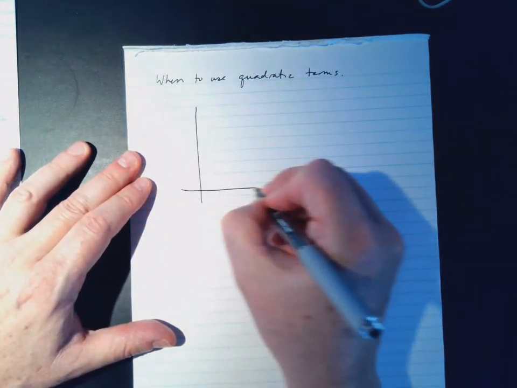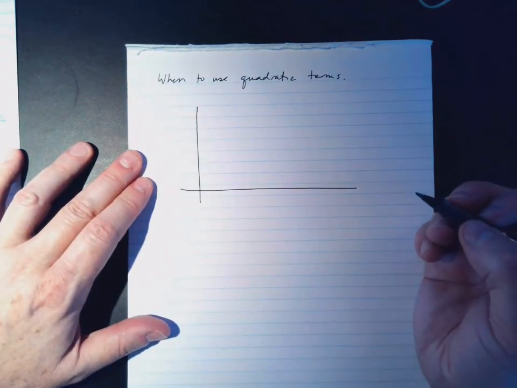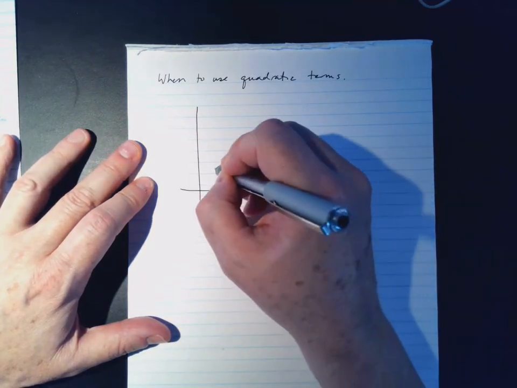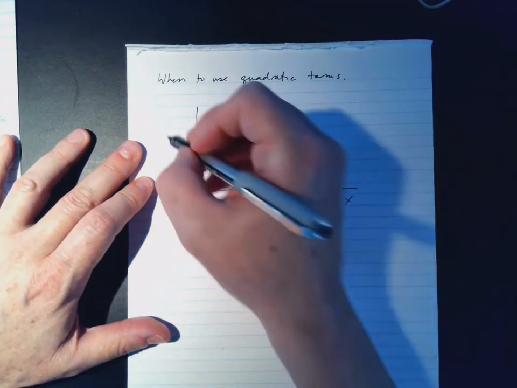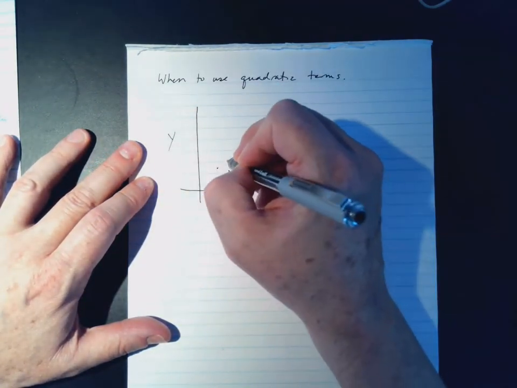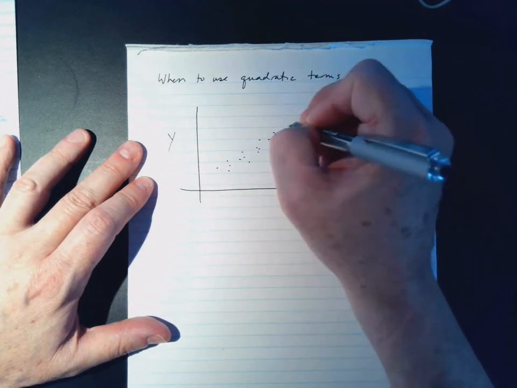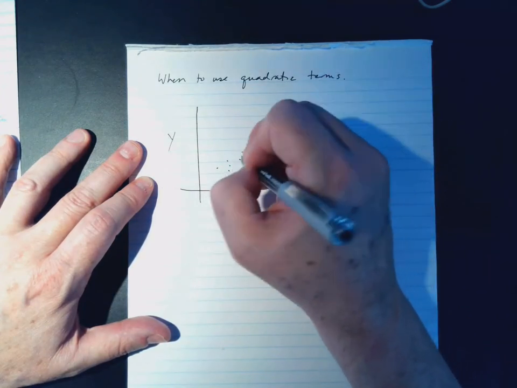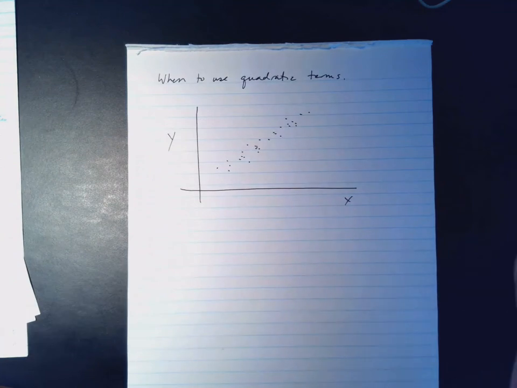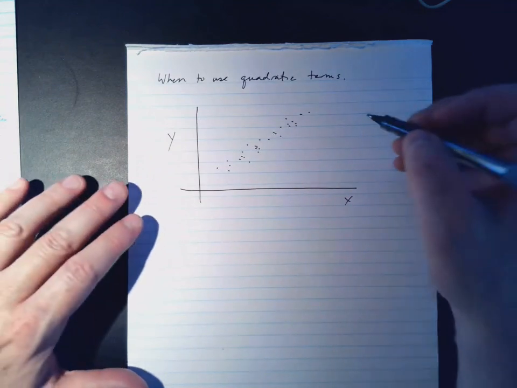And here, it's a good idea to look at your data. So if you have a data set and it looks like a nice, well-behaved straight line, in this case, a linear function will be okay.